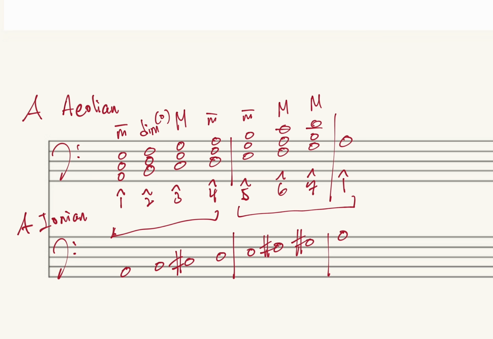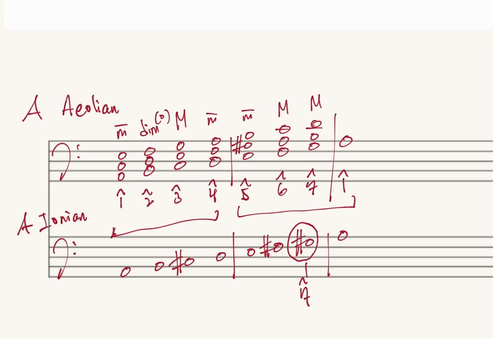So let's start with, for example, the chord built from scale degree 5. Here the notes are E, G, B. I'm going to raise that G to a G sharp, and again, this is the point I was making earlier: where did that G sharp come from? It's being borrowed from the G sharp, which is the leading tone, scale degree 7, in A Ionian.